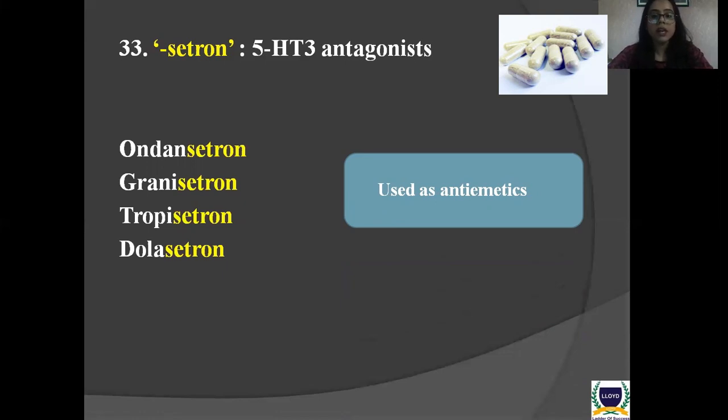When we give chemotherapy and so on, to control the nausea and vomiting, we give the 5-HT3 antagonists. These drugs can control vomiting and are used as anti-emetics.